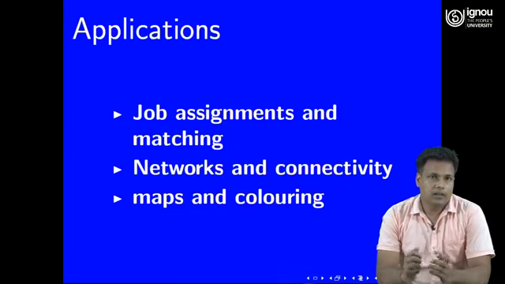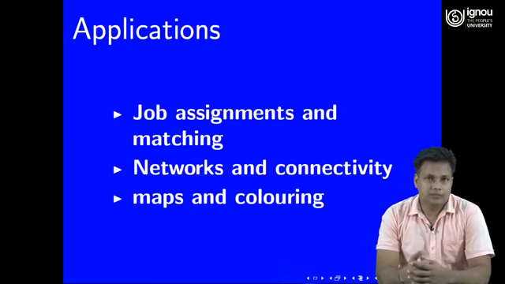For example, if there are n jobs and m applicants, and if you are interested in filling all these jobs, then the first and very necessary condition is that the number of applicants must be more than the number of jobs.